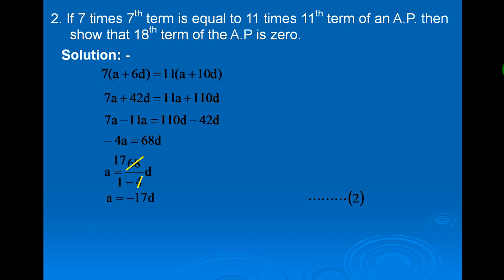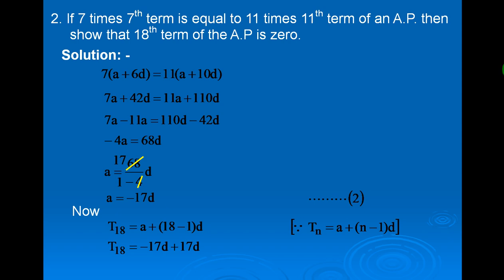Put this as equation number 2. Now T18 is equal to A plus (18 minus 1) within the bracket into D. 18 minus 1 becomes 17. Therefore T18 is equal to minus 17D, putting the value of A from equation 2, plus 17D.